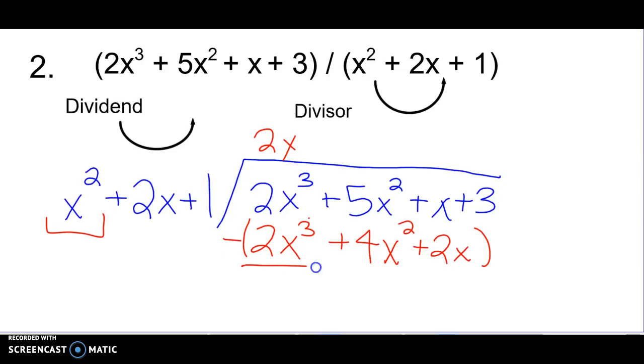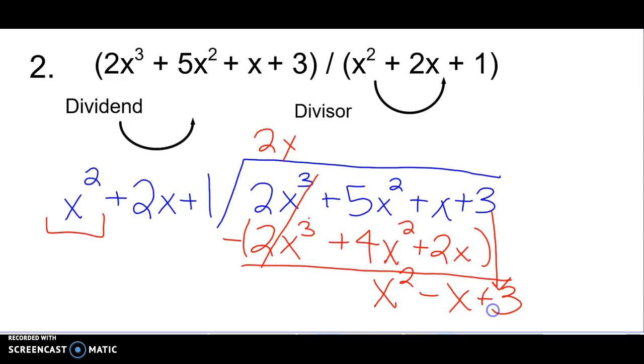So these cancel out like we planned. 5x squared minus 4x squared equals 1x squared. And then x minus 2x, negative x. You bring down what's left.